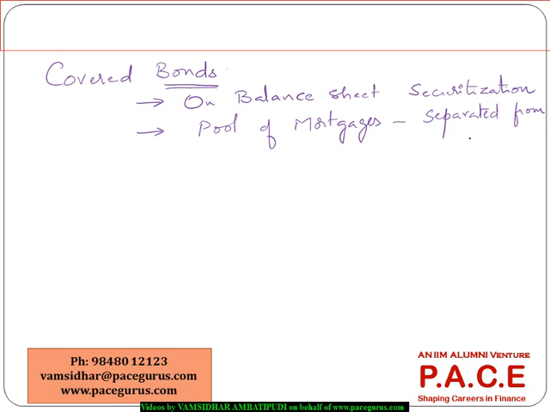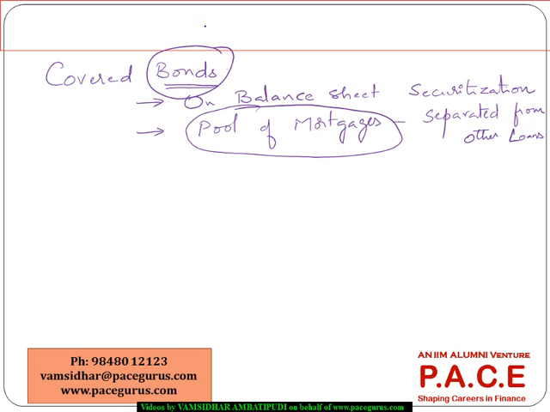So on the balance sheet, we see one asset called loans, and the other asset, which is a pool of mortgages, which is a cover for this bond. So the mortgages still exist on the balance sheet, and against this pool of mortgages the bond is typically issued, and it lies on the balance sheet.